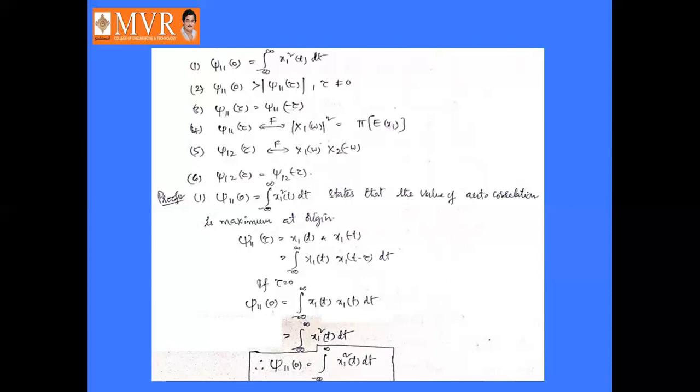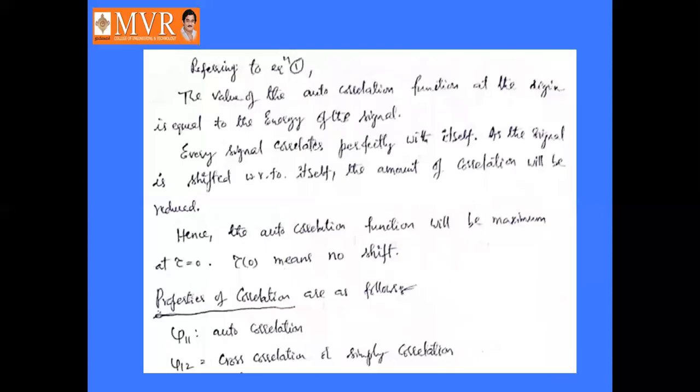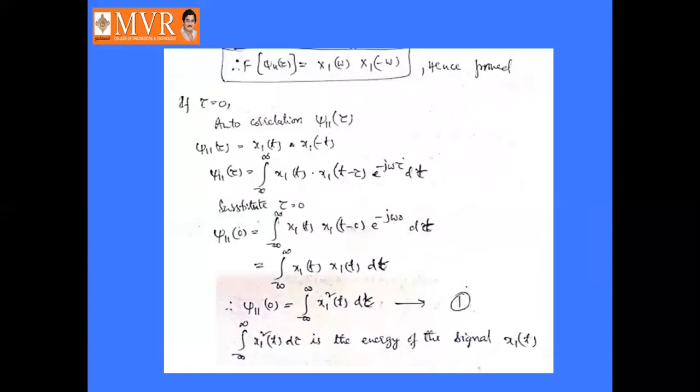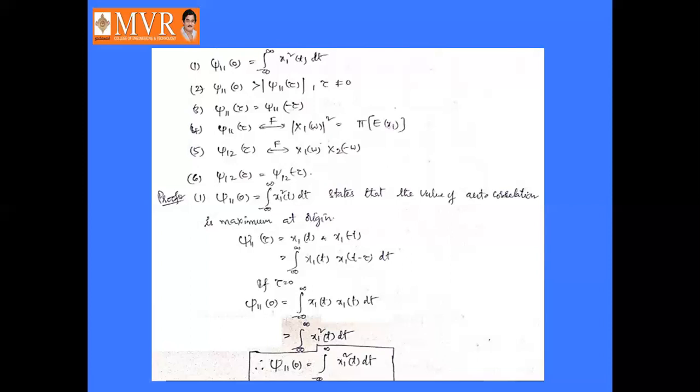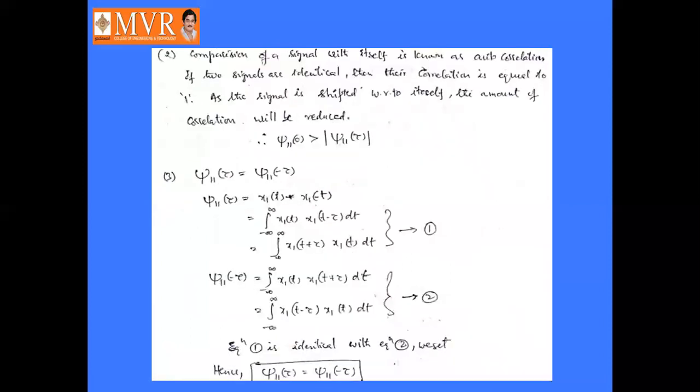This first property was already proved earlier. The first property J11 of 0 equal to the integral from minus infinity to infinity of x1 square of t dt was already proved. And the second one is comparison of the signal with itself.